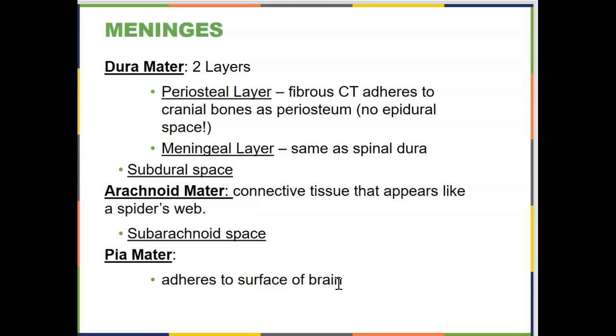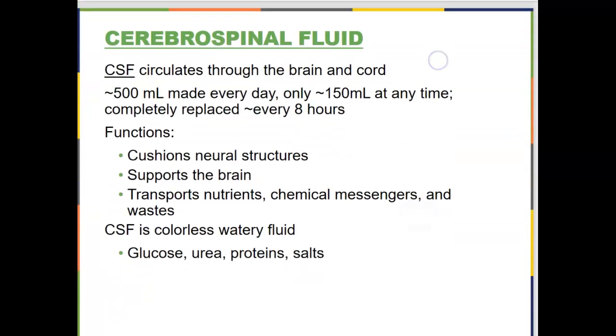It's super thin, and you'll know that you've peeled off the pia if, number one, it looks like the blood vessels have been peeled away. Those stick around in the arachnoid mater, all right? The arachnoid mater has lots of blood vessels in it. The pia mater, you usually just don't see. The brain will look kind of shiny. You'll know that you've gotten rid of all the meninges if the brain looks shiny.